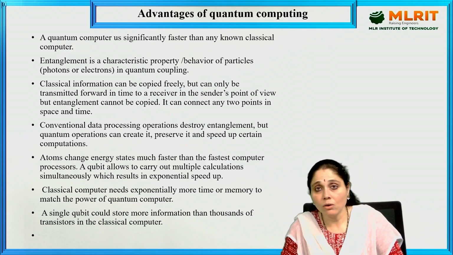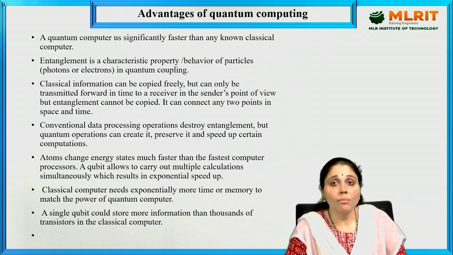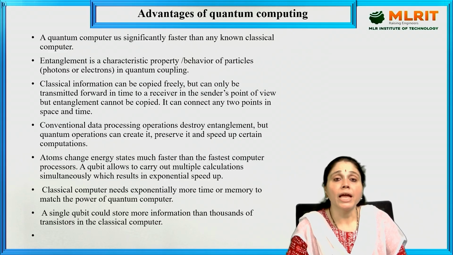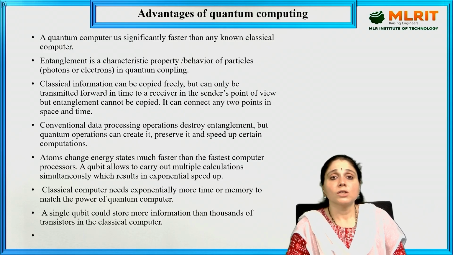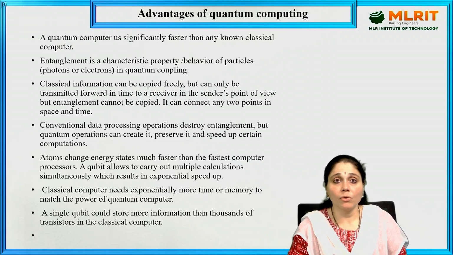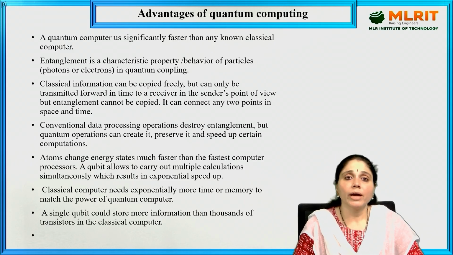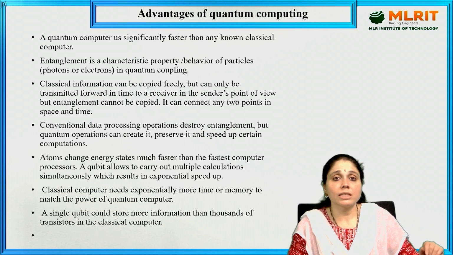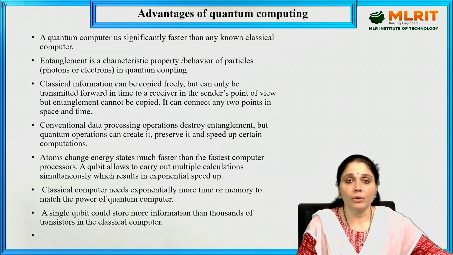A qubit allows multiple calculations to be carried out simultaneously, which results in an exponential speed up. A classical computer needs exponentially more time or memory to match the power of a quantum computer.